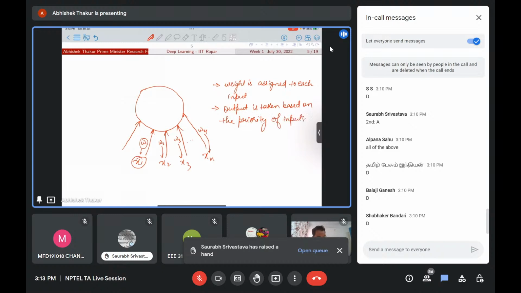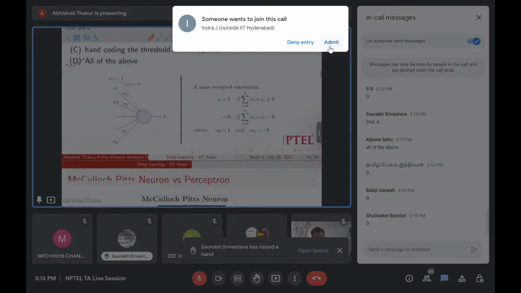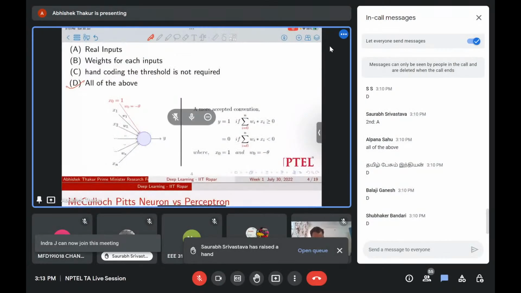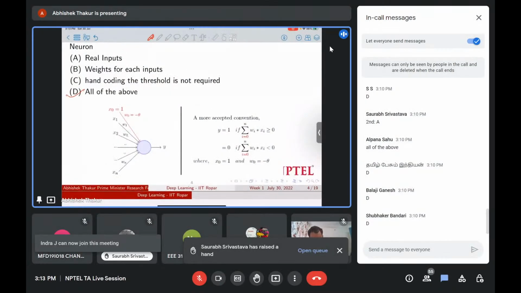Some inputs are very useless and do not affect the output that much, so they will have very low weight. Some inputs are very high priority, and they will have high weights. There was no weight concept in the MP neuron. So option B is correct because it gives a weight for each input.